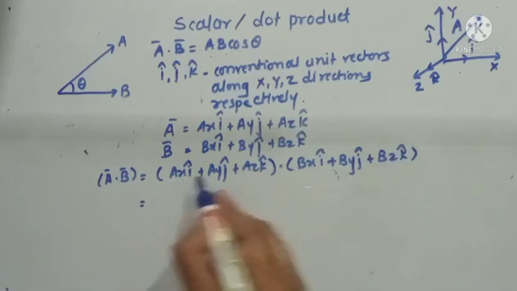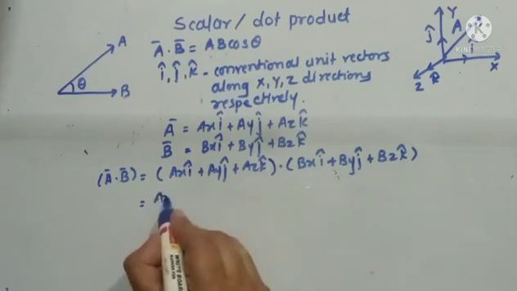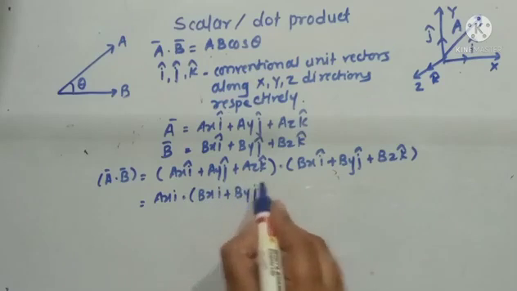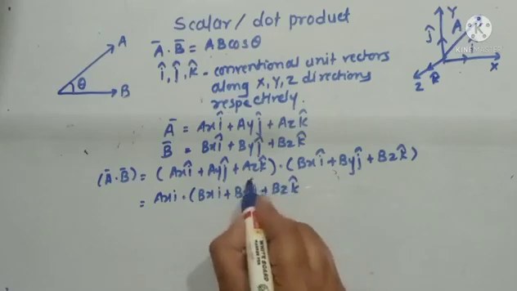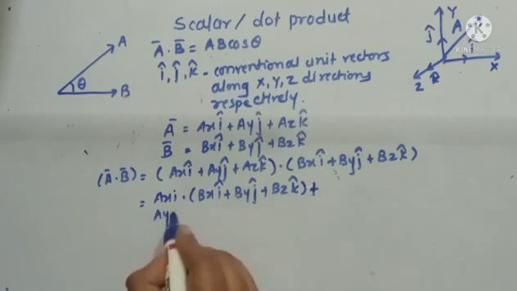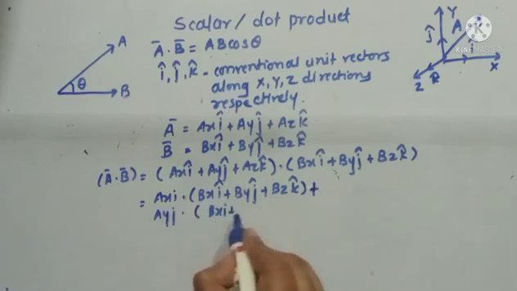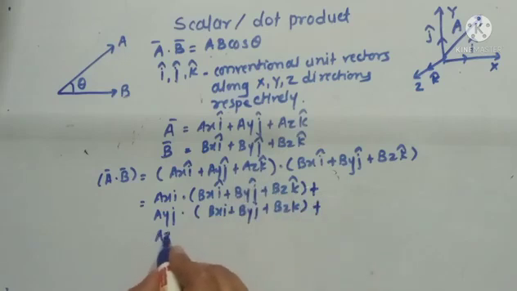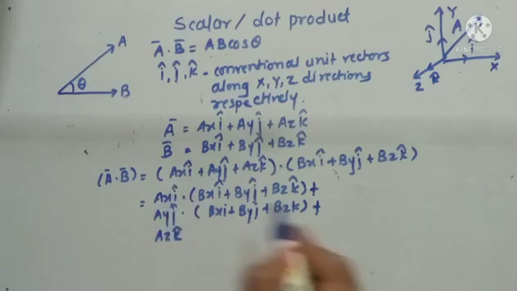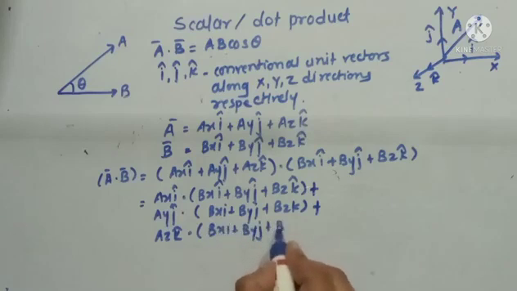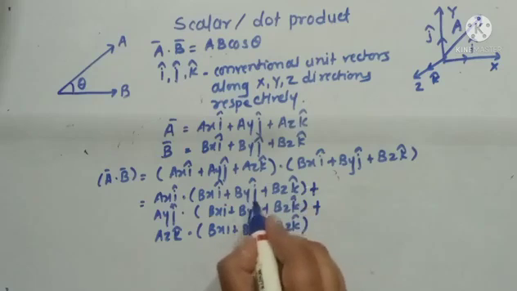We can multiply each term to the bracket: AxI dot (BxI plus ByJ plus BzK), plus AyJ dot (BxI plus ByJ plus BzK), plus multiply by this term, don't forget this, AzK dot (BxI plus ByJ plus BzK). Everywhere a unit vector is there.